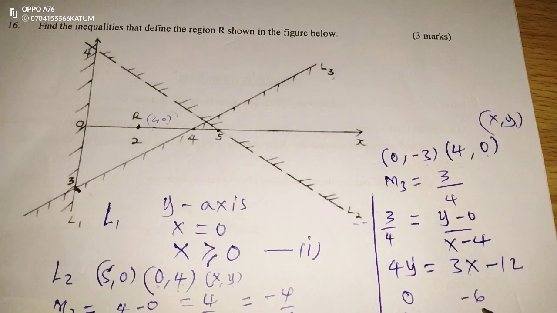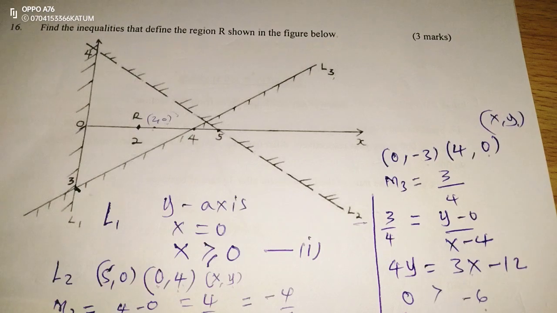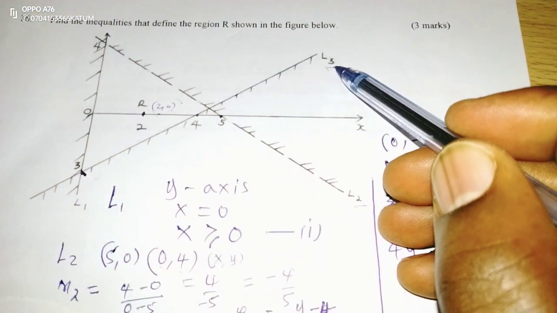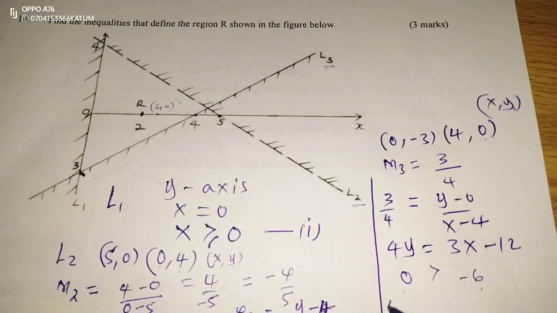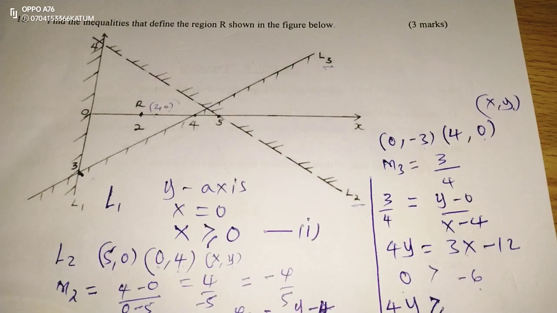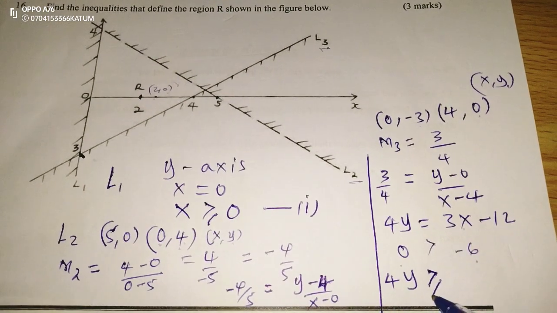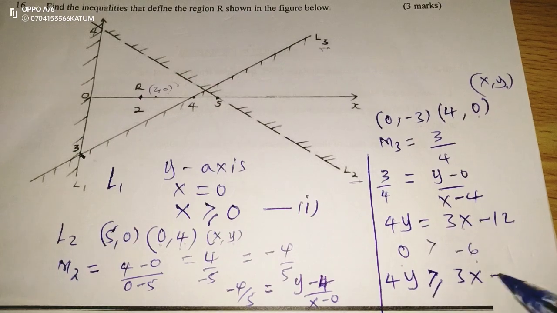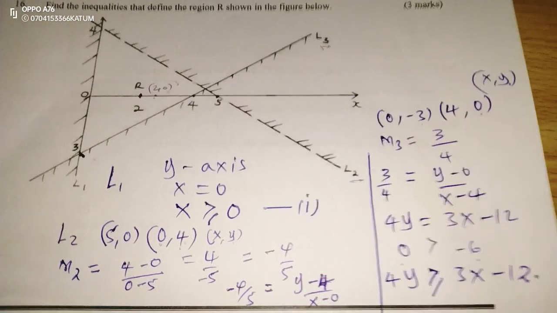So 0 and negative 6, and 0 is greater than negative 6. And now that the third borderline is complete, the inequality will be written as 4y greater than or equal to 3x minus 12.